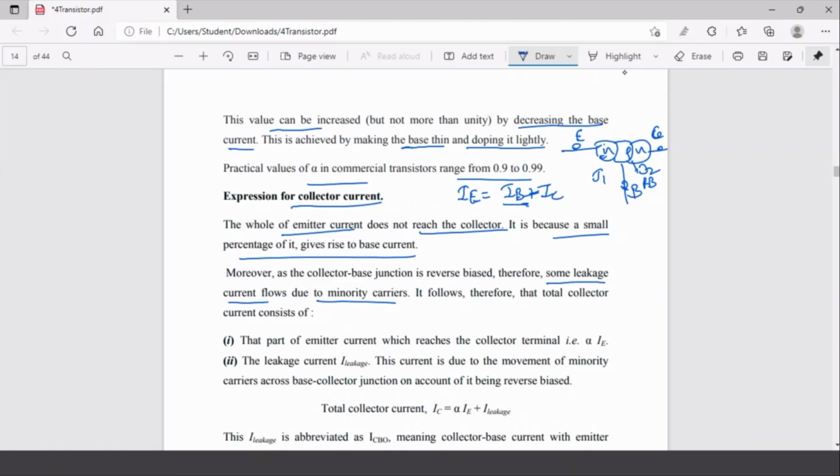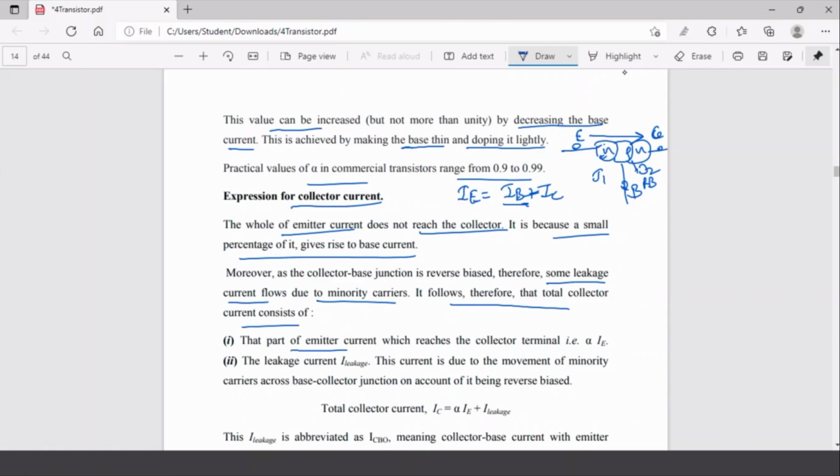So what will be the total collector current then? The total collector current will consist of two currents. One is because of the majority carriers, charges flowing from emitter to collector passing through the base. The other is because of the minority charge carriers in the reverse biased collector-base region.